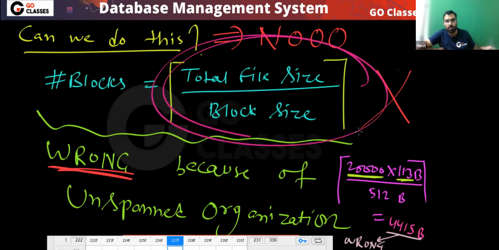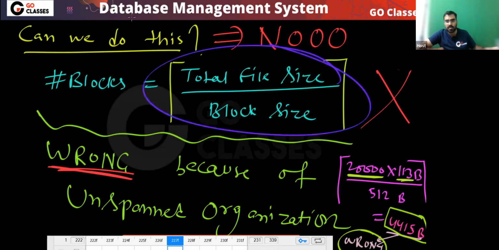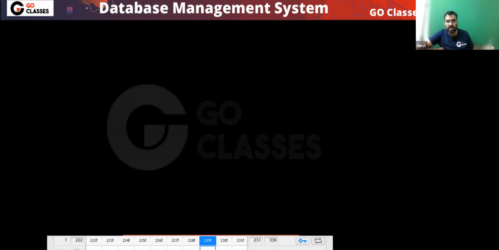Because this formula is for spanned. If you have spanned organization, then you will get fewer blocks. The reason is very simple: you are assuming spanned organization.